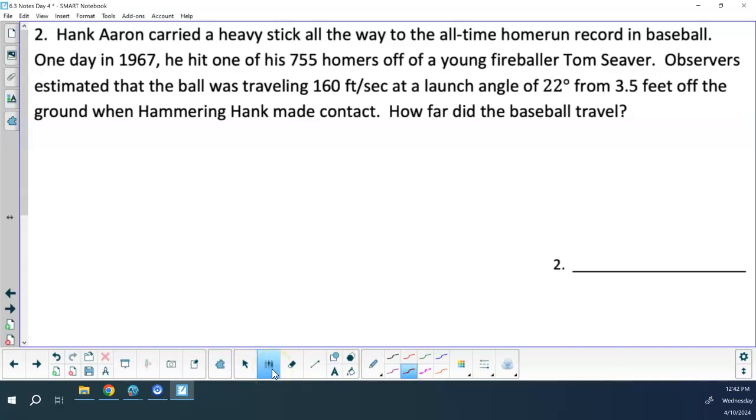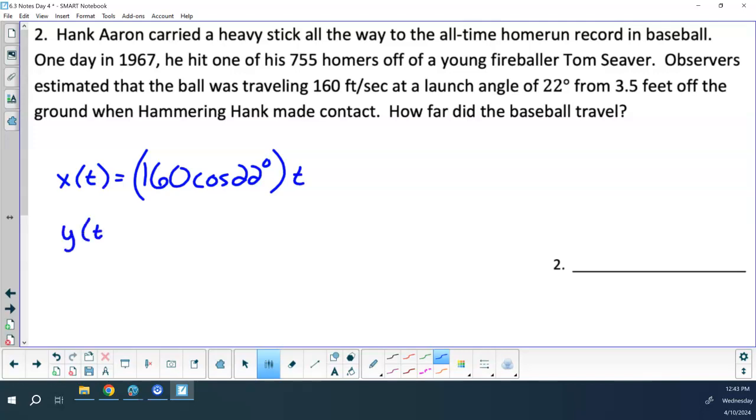Let's talk X. X of T for Hammer and Hank's home run ball: 160 cosine of 22 degrees times T. Okay, let's talk Y of T. Negative 16 T squared, plus 160 sine of 22 degrees times T, plus 3.5.